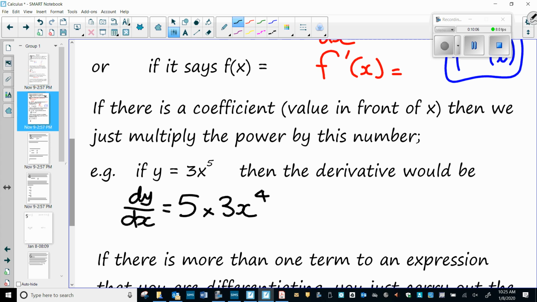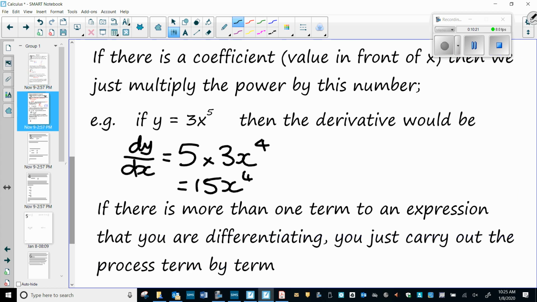Pretty easy. Do you think we would leave it like that? What would we write? 15x to the 4. Now obviously my working step of the 5 multiplied by 3x to the 4 is because these are our notes. There are examples. You do not have to show this step. You can go straight to the 15x to the 4.